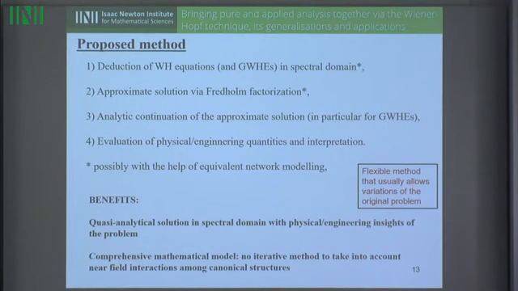The proposed method that we have used in solving electromagnetic scattering problems is reported here. First of all, we get the Wiener Hopf equations. Here is reported also the keyword GWHE, that is generalized Wiener Hopf equations.